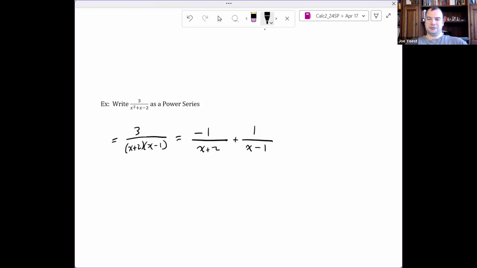That is what I want. I can rewrite these a little better as something like minus 1/2 times 1 over 1 plus x over 2, and then minus 1 over 1 minus x.